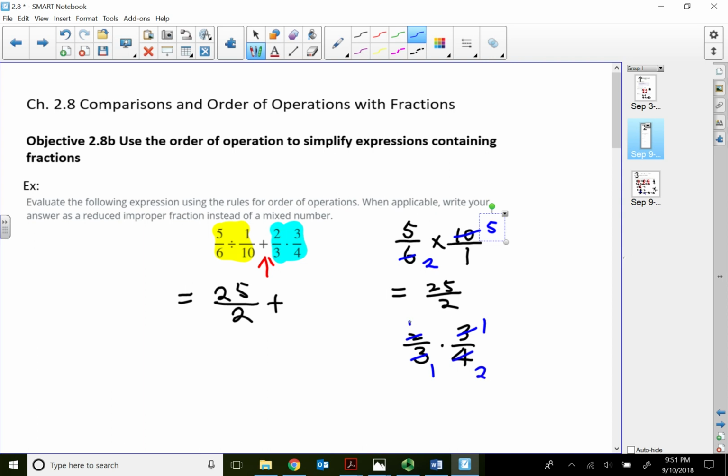That's 1 and 2, so that will be 1 over 2. Now this becomes addition of fractions. Find the LCD. Since the LCD is already 2, we can just add the numerators. So 26 over 2, if you divide them, 13 will be the answer.